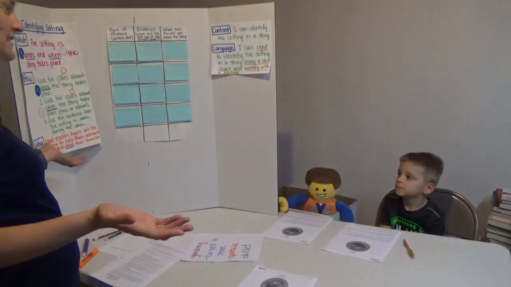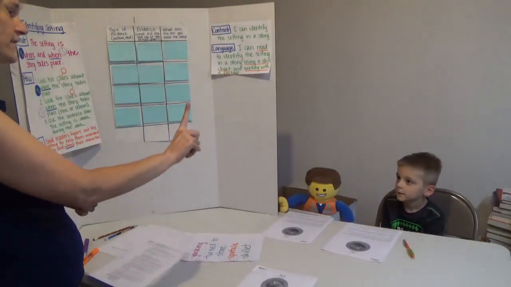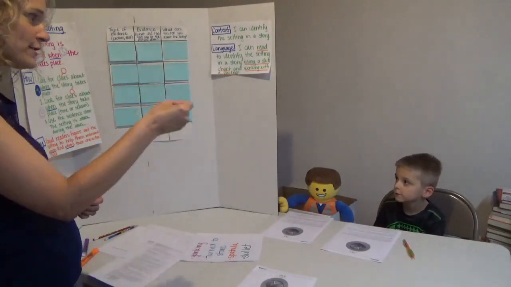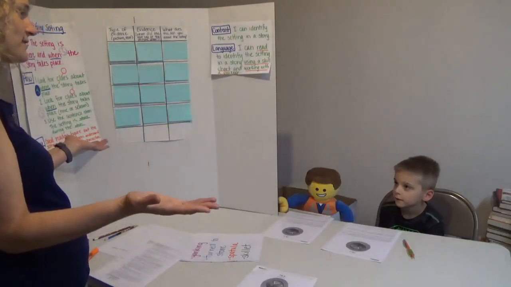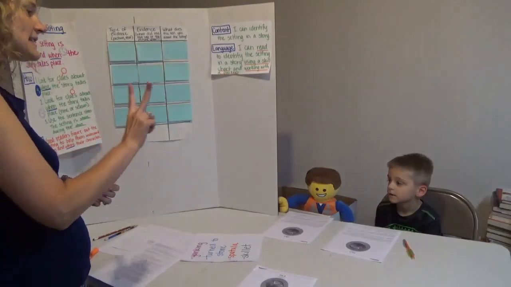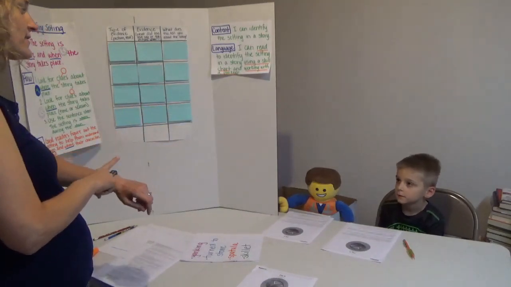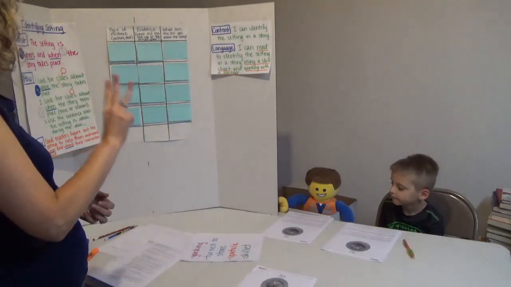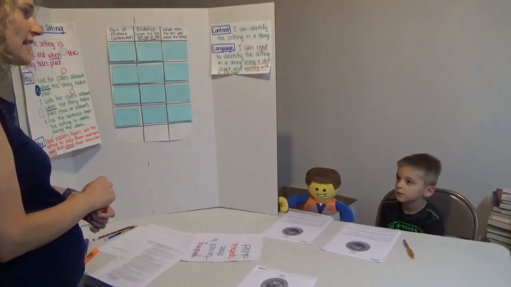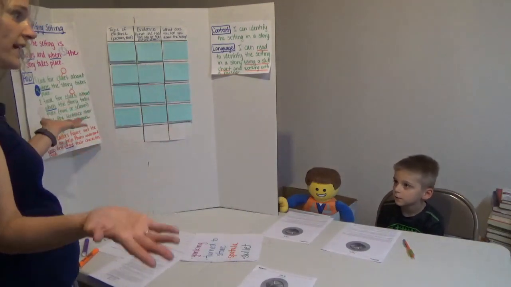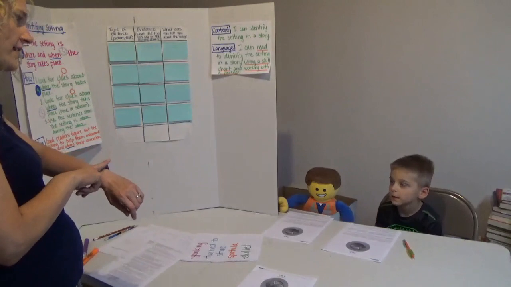How do we find the setting? First, look for clues about where the story takes place. Second, look for clues about when the story takes place. Third, use the sentence stem: The setting is where during the when.